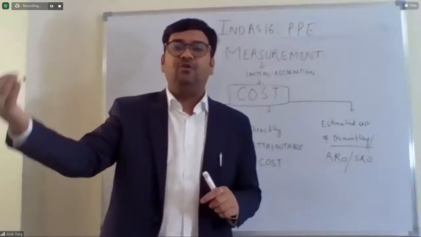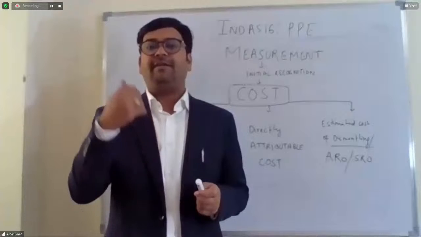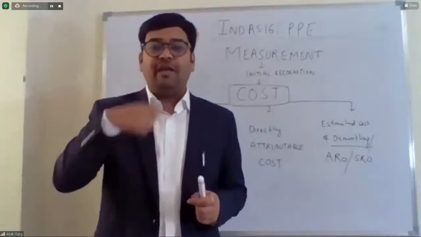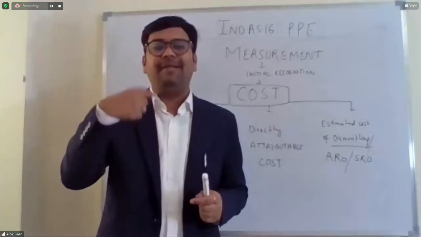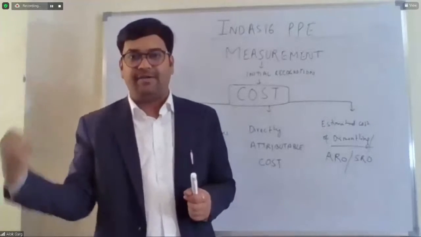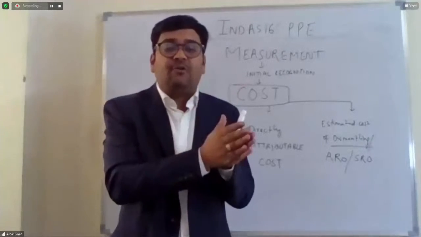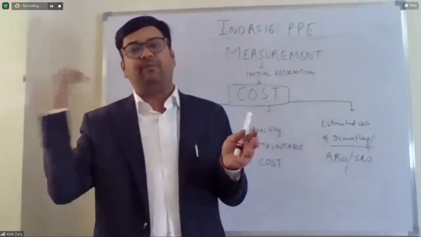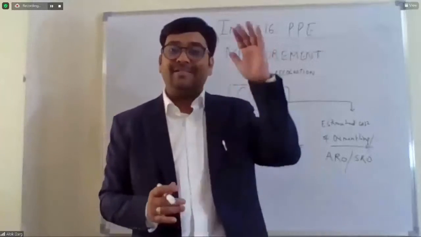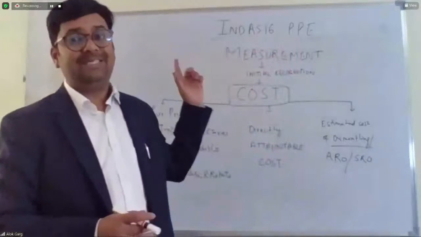Since you have taken this provision at a discounted value at a discount of 10%, every year this 10% will be unwound. This provision will be credited and interest cost will be debited, so that this 50,000 in 20 years will become 2 lakh rupees. But the asset is required to be debited only at the cost of 50,000 rupees initially.